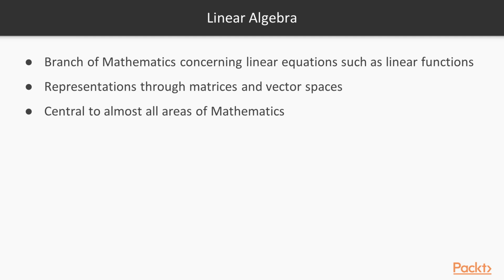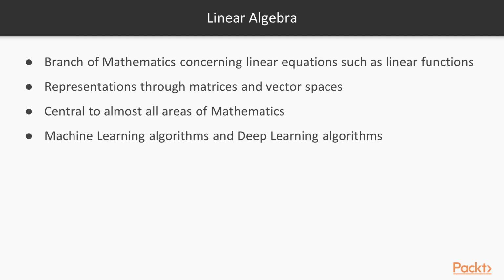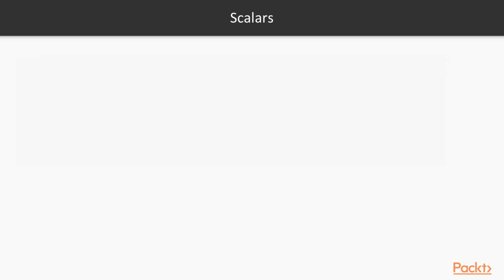An algorithm written in the standard for-loop notation can be reformulated as a matrix equation, providing significant gains in computational efficiency. A good understanding of linear algebra is essential for working with many machine learning algorithms, especially deep learning algorithms. Let's take a look at scalars.